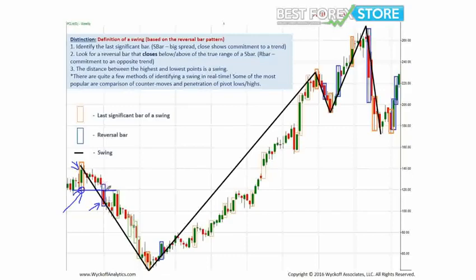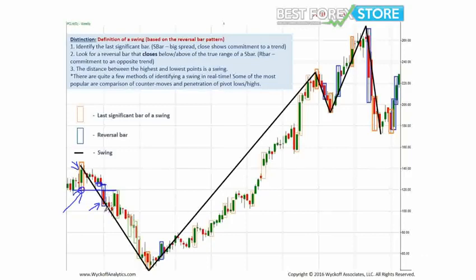The true range of this bar actually has started at the previous close right here. And we see that the body of this bar is big, the close is below the 1/2 spread, and we see that the reversal has happened, and now we can say that we are in the downswing.